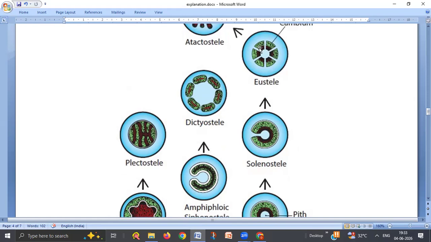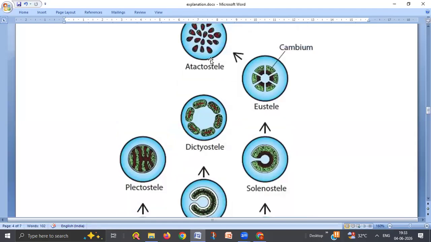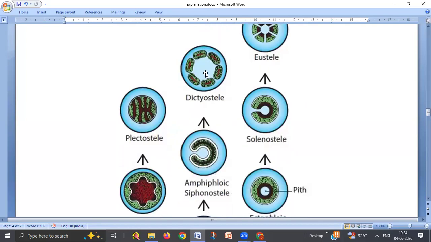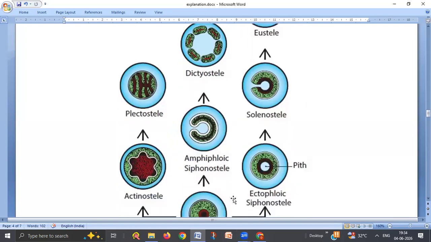As I told you earlier, it is observed in dicots, where vascular bundles are arranged in a ring-like form. And atactostele is observed here, where the vascular bundles are scattered in the ground tissue, in monocots. So all these are the different kinds of steles which you study in stelar evolution.